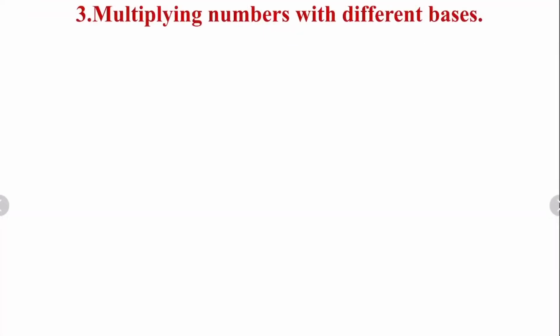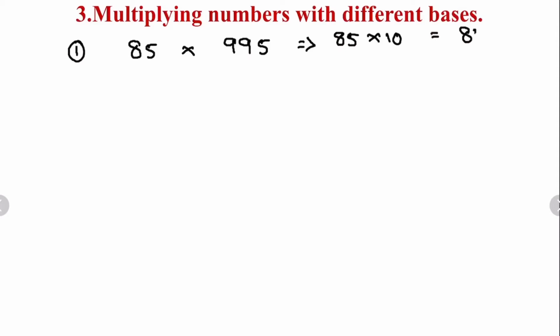Next trick, multiplying numbers with different bases. For example, 85 is multiplied with 995. Here 85 is near to 100 and 995 is near to 1000. So convert 85 into 10 times, it will become 850. So 850, how much less than 1000?